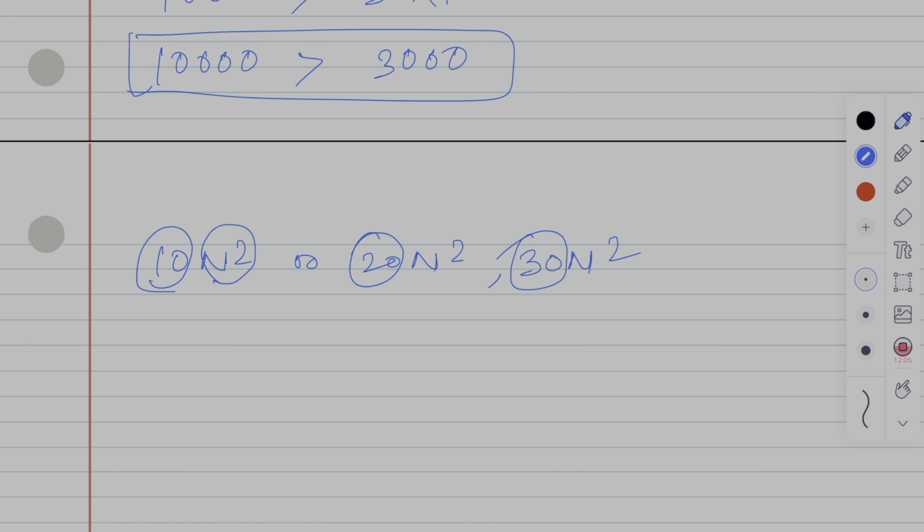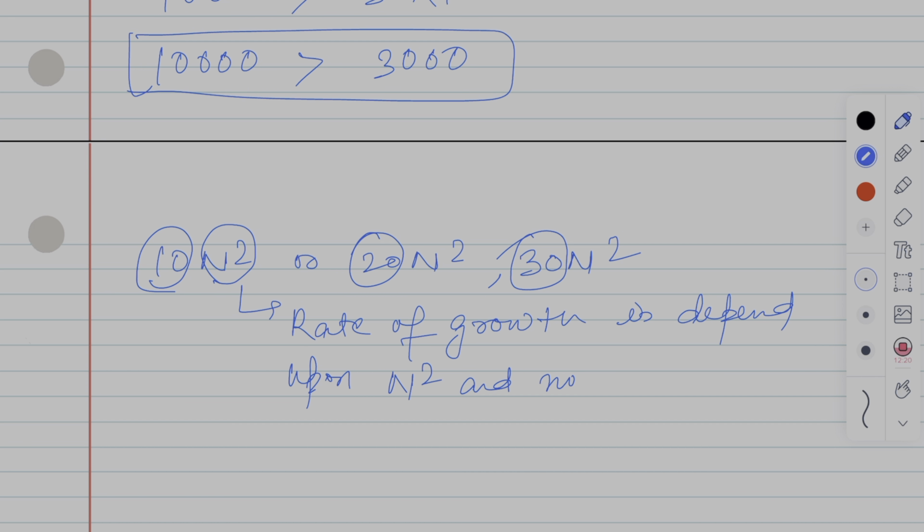The rate of growth is dependent upon n square and not on the constant value.